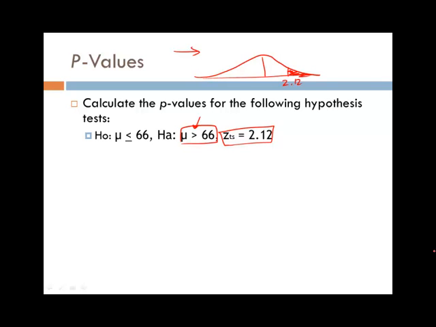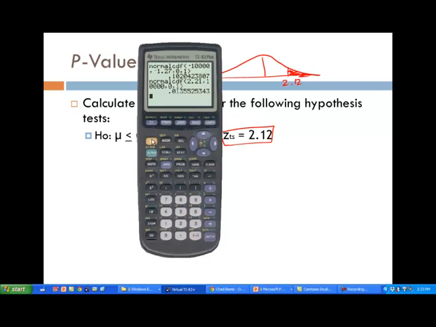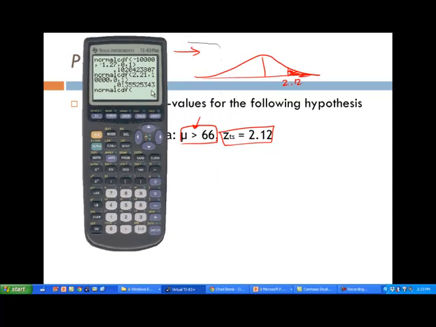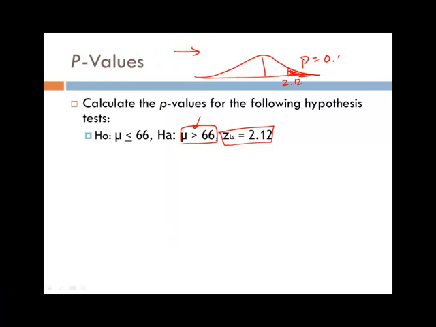So that would simply be, once again, normal CDF. Minimum value is 2.12. Maximum value is 10,000 or so. 0 and 1. So 0.017. Okay. So the p-value is approximately 0.017. So if the alpha was 0.05, then that would be less than alpha.